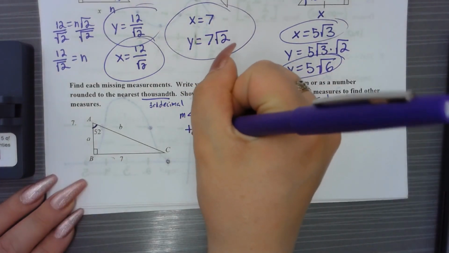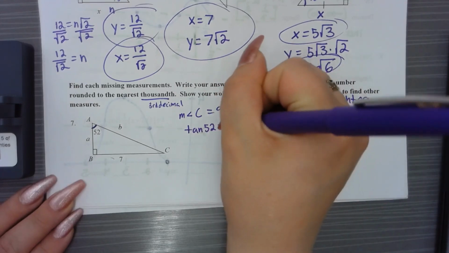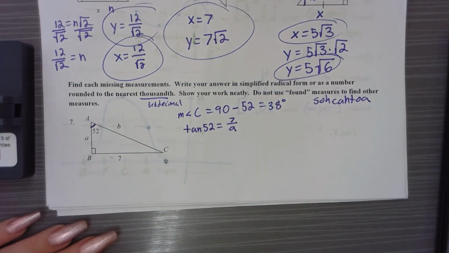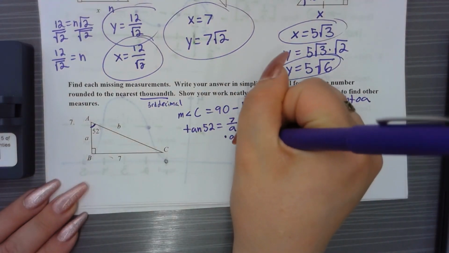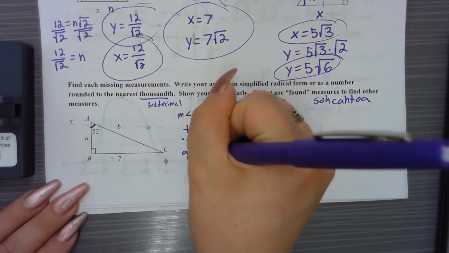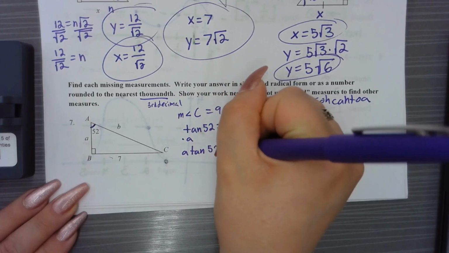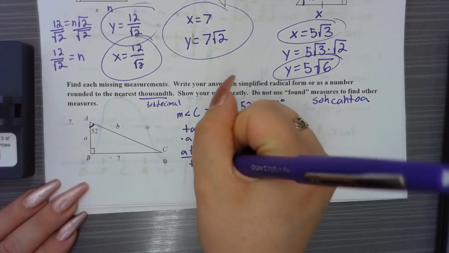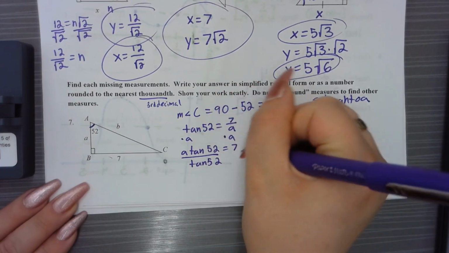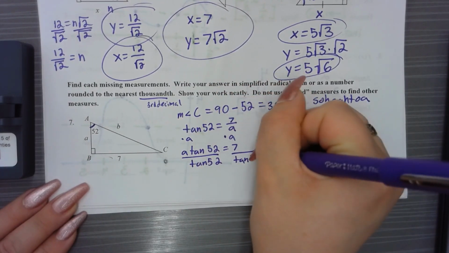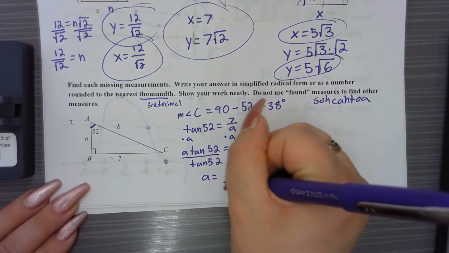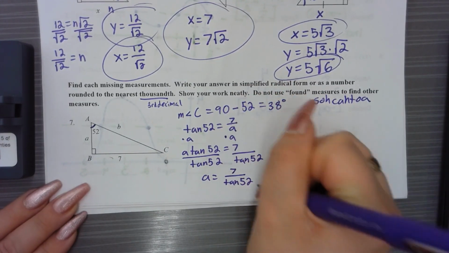So I would say the tangent of 52 is equal to the opposite, which is 7, over the adjacent, which is A. So in order to solve for this, I would have to multiply both sides by A. So I'm going to get A tangent 52 equals 7. And then I'm going to divide both sides by the tangent of 52. So I'm going to get that A is equal to 7 over the tangent of 52.